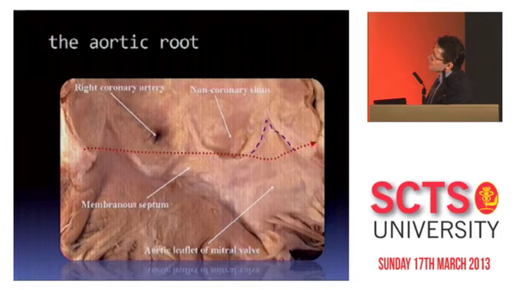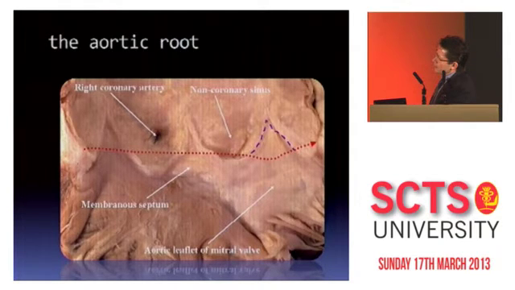What are the features, then? The red line here indicates the true ventriculo-aortic junction. So if these are the attachments of the aortic valve here, these are the intercommissural triangles at the ventriculo-aortic junction, and this line here represents what we'll show you in diagrammatic form shortly as a true anatomic finding, and not the same as what we normally would call the aortic annulus or the virtual basal ring, which I'll show you shortly.